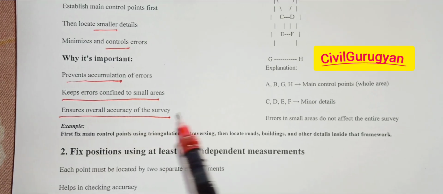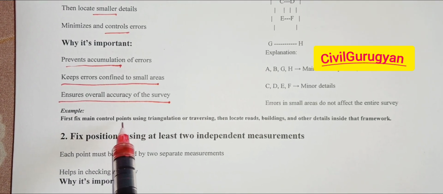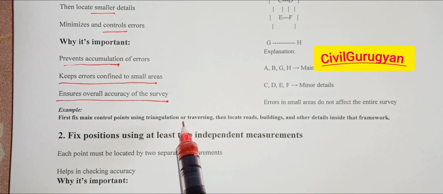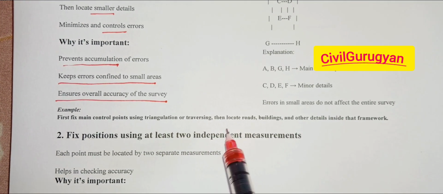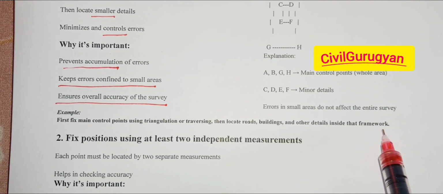the survey. For example, first, fix main control points using triangulation or traversing, then locate roads, buildings, and other details inside the framework.